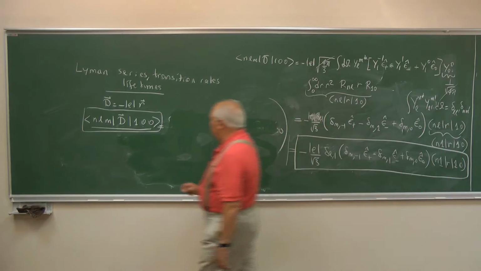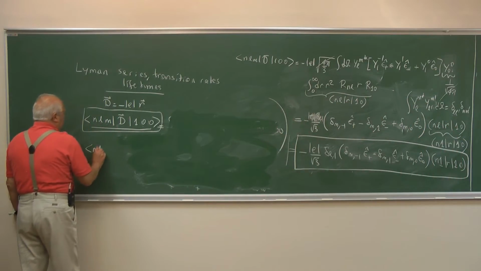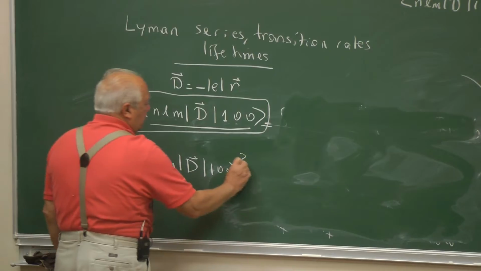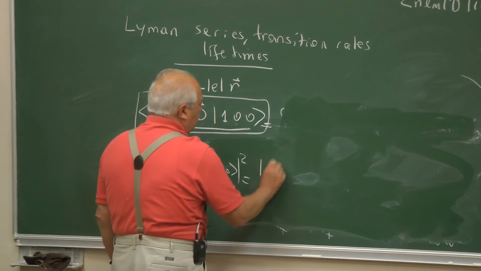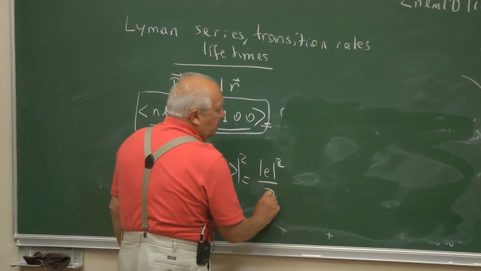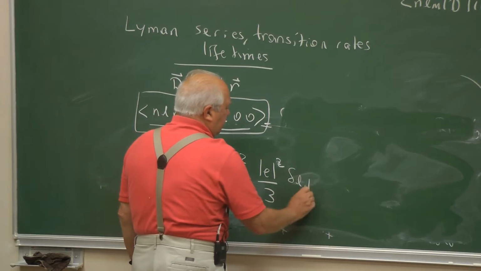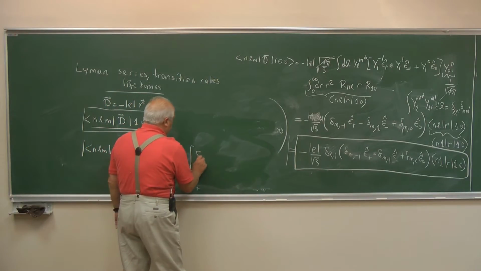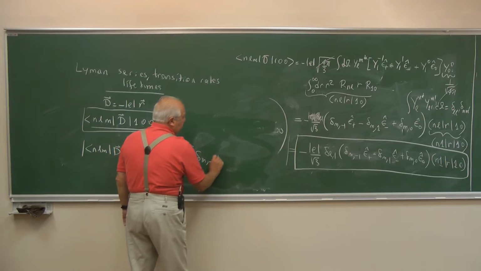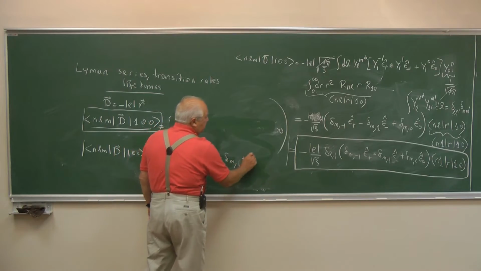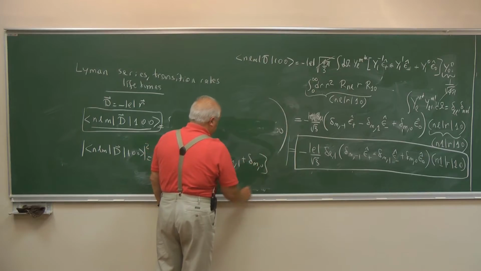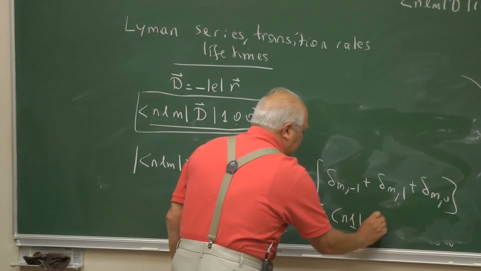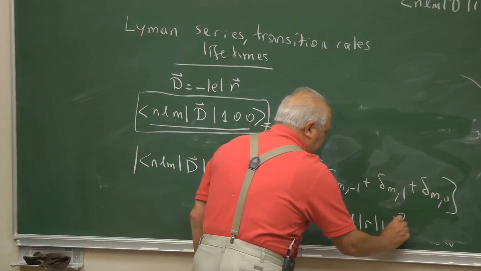So the absolute square of <nlm|d|1 0 0> will be e squared over 3 delta L1, times delta M minus 1 plus delta M1 plus delta M0, times the radial integral R n1 R10. This is real, so it's squared.